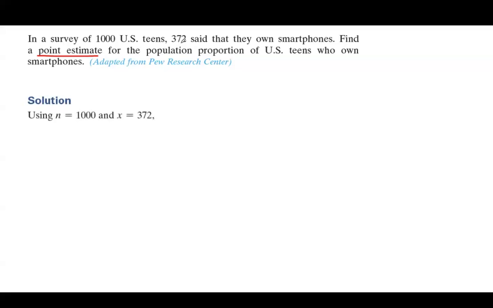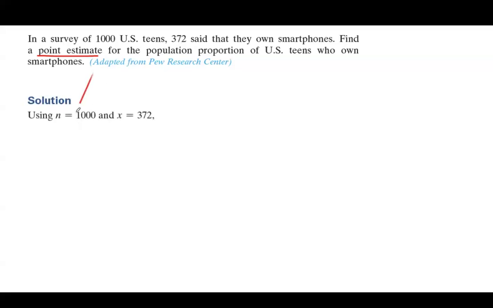Let's take a look at a couple of examples. In this example, we have a survey of 1,000 US teens. 372 said that they own smartphones. The question says, find the point estimate for the population proportion of all US teens who own smartphones. Of course, this data is very old. Nowadays, everybody has a smartphone. So n is equal to 1,000.